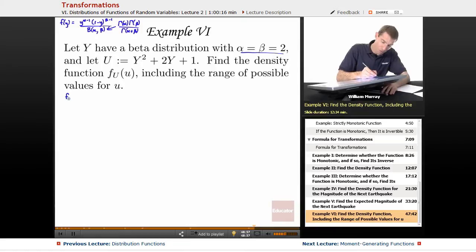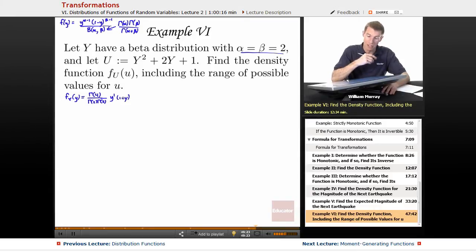So our f sub y of y is equal to, well, if I flip that denominator, I'll have gamma of 2 plus 2, so gamma of 4, divided by gamma of 2 times gamma of 2. And now y to the alpha minus 1 is y to the 1, and 1 minus y to the beta minus 1 is, beta is 2, so beta minus 1 is 1.